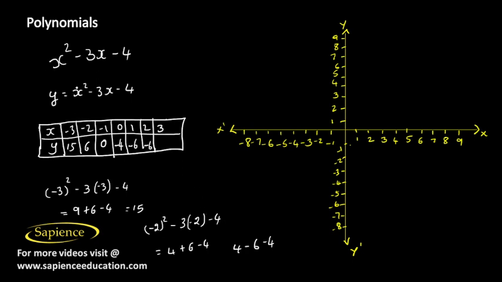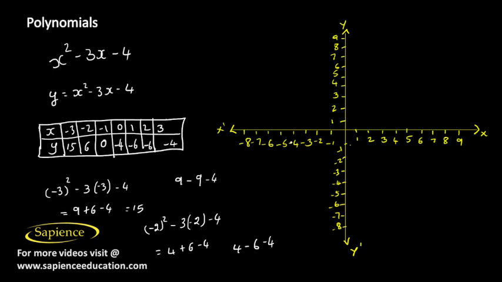And when we substitute 3 we are getting 3 square is 9 minus 3 threes are 9 minus 4, we are getting minus 4.